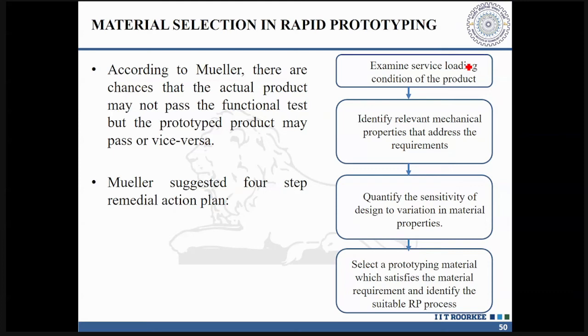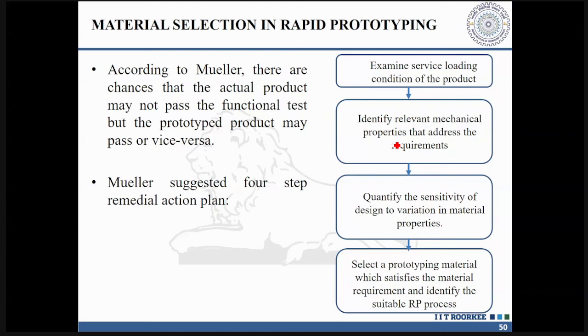What is going to be my product? Where is it going to be subjected? What is the temperature that it is going to be subjected to? Then identify the relevant mechanical properties that address the requirements. Like it should have a Young's modulus. Quantify it. Young's modulus should be 100 units. Poisson's ratio should be 0.5. So you have to quantify the relevant mechanical properties that address those particular requirements.